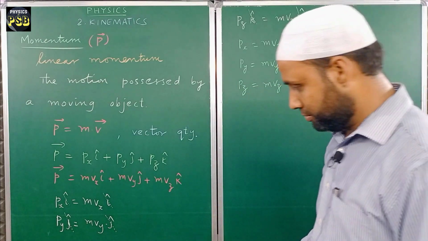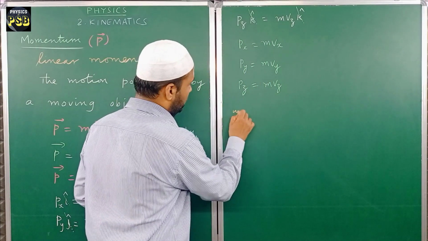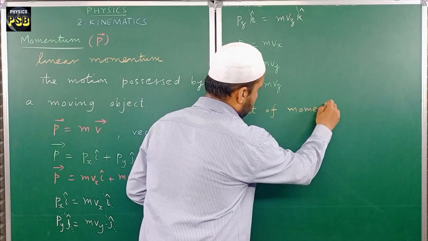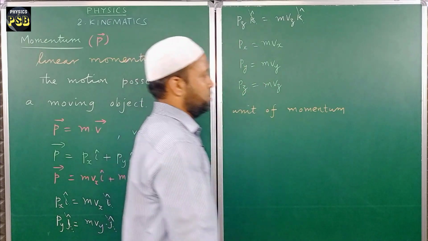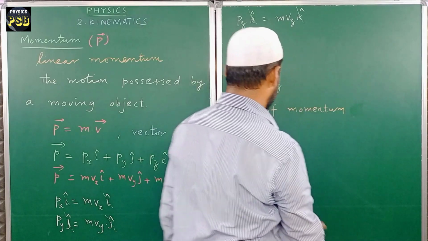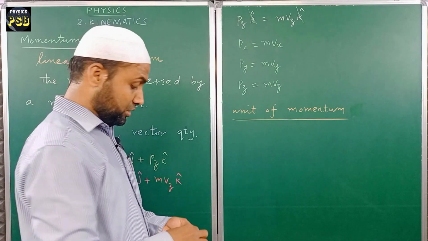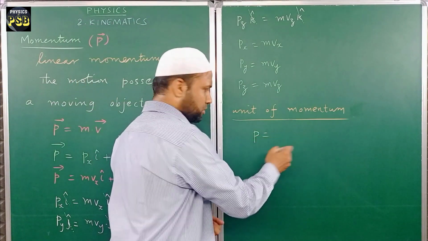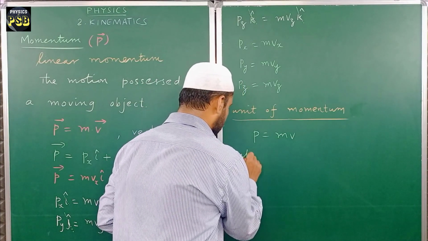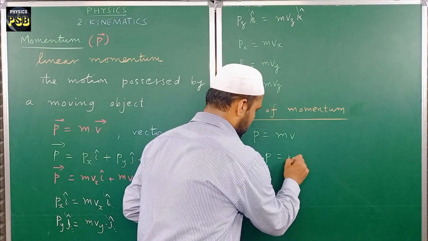And a second thing: what is the unit of momentum? As I told you earlier, it is the product of mass and velocity. Mass is measured in kilogram, kg.